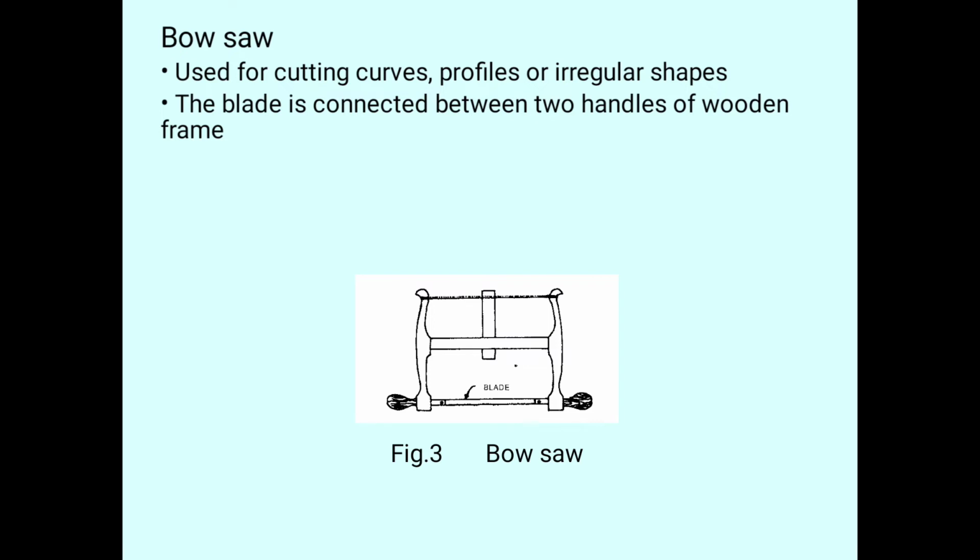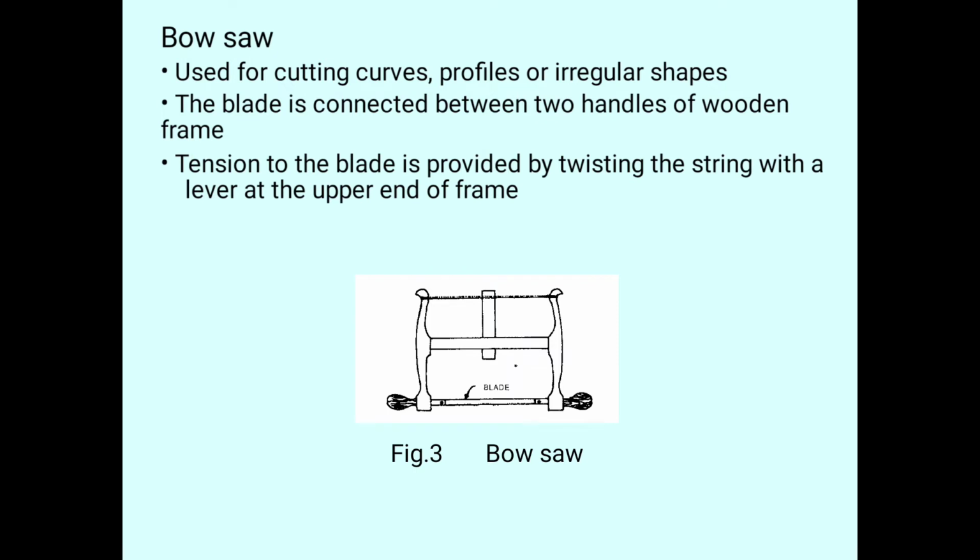Here we have two handles, and the blade is connected to these two handles. Next, tension to the blade is provided by twisting the string with a lever at the upper end of the frame, so we can develop a tension in the blade.